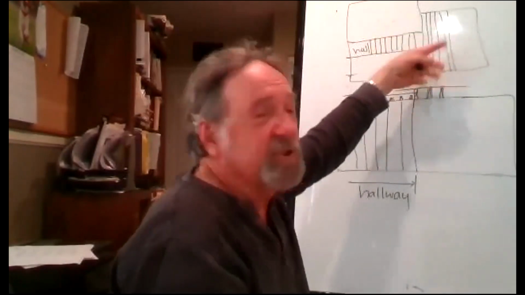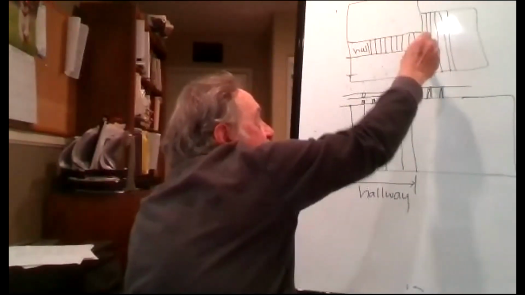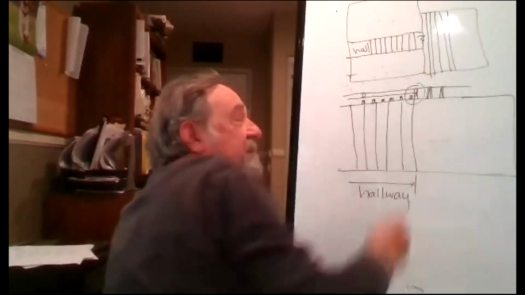You can just have little 2x4s. The next room may be a bigger room and it's a square, so it doesn't matter which way they go. And they have to be bigger because it's 20 feet. So where these two meet right here is this. Is that cleared up a little bit?